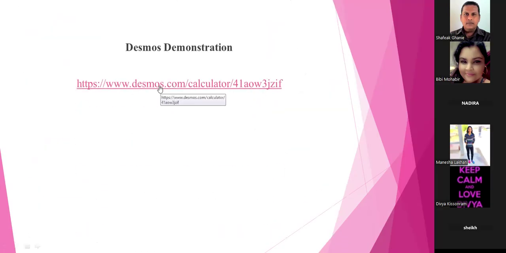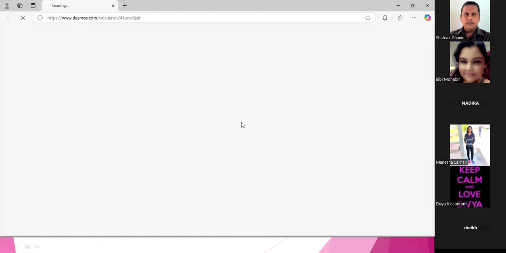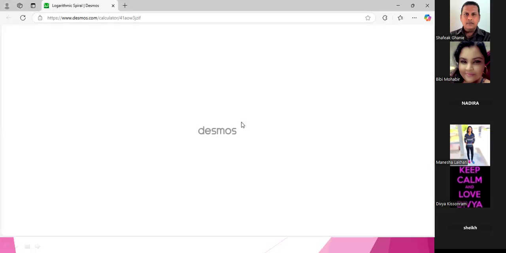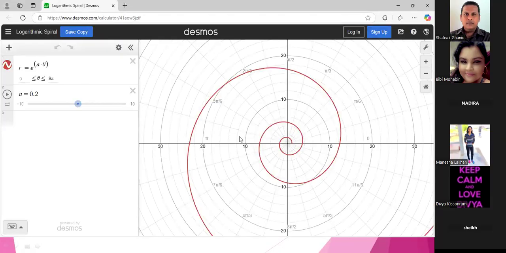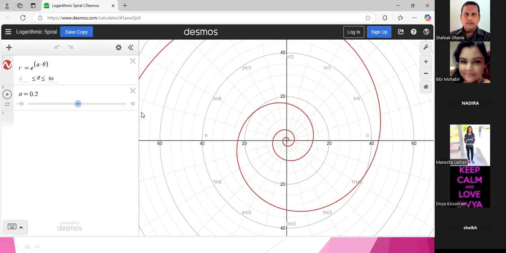Good, so the Desmos. But here we have the spiral. We have r is equal to e to the a times theta power.